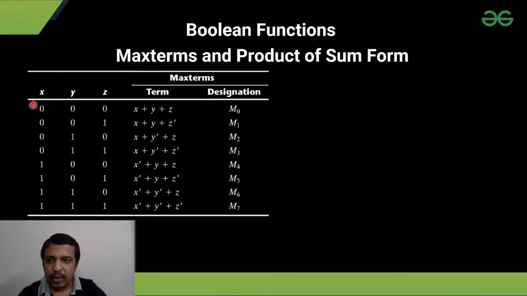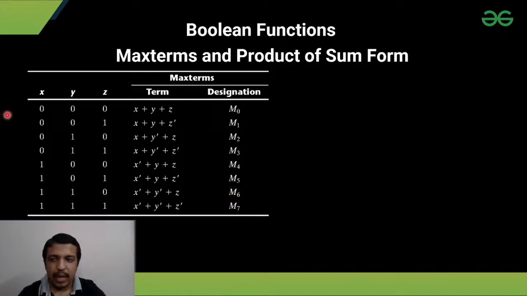In this form there is a slight difference. Where we have all zeros, all of the terms are present in uncomplemented form. So a 0 is written without a complement, and a 1 is written with a complement, right? The designation used for these max terms is a capital M, and just like min terms, for the case of 3 variables, we have the designation ranging from capital M0 to capital M7.